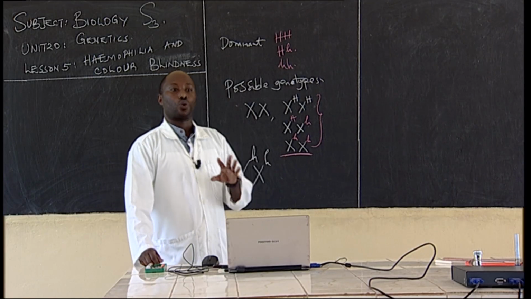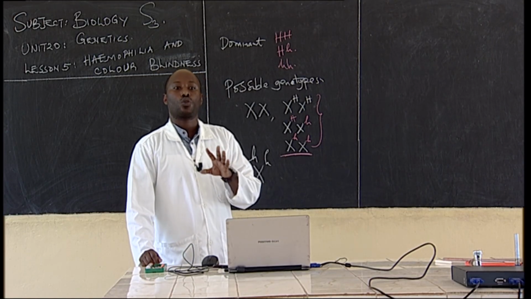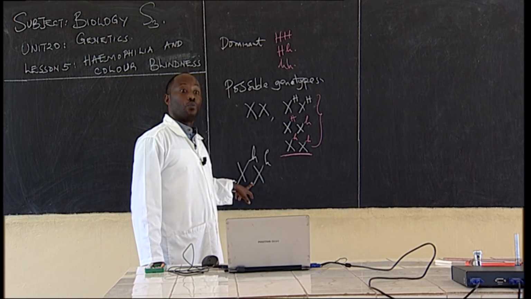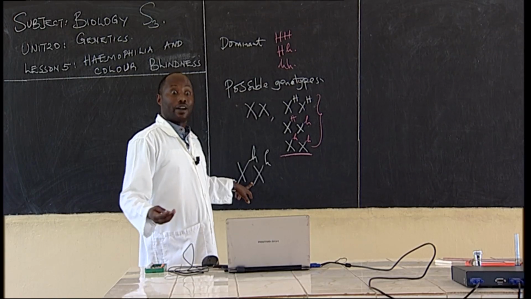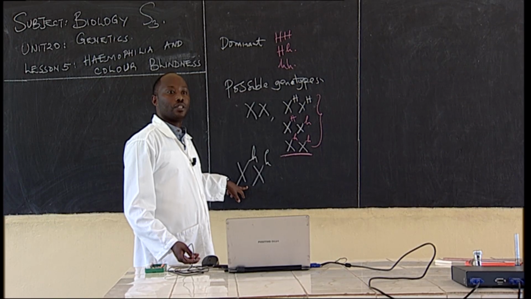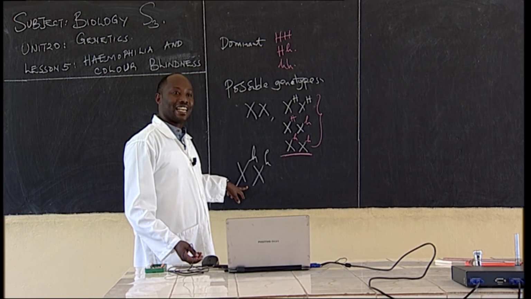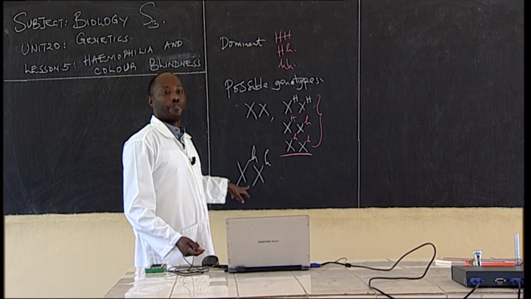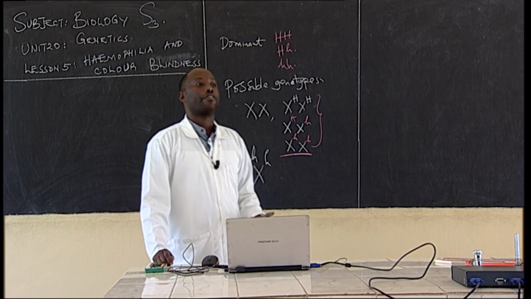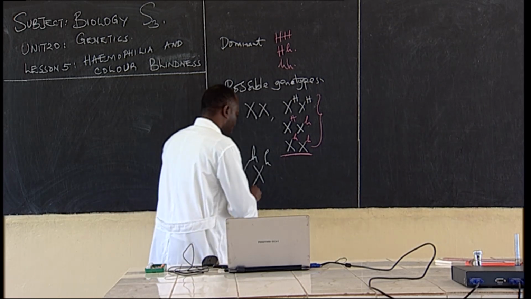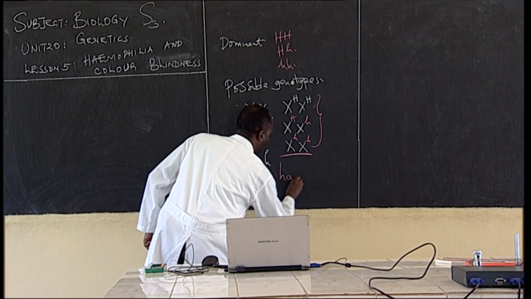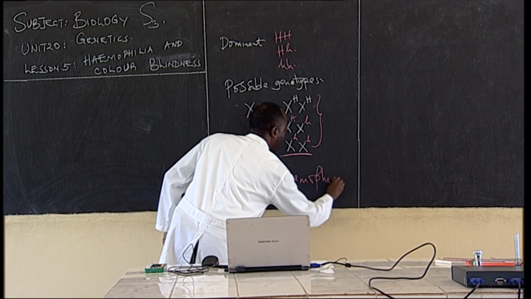The blood does not clot at all, and she can bleed to the extent of dying. It means that she has hemophilia. She is a homozygous recessive hemophilic. So such a person is phenotypically a hemophilic female.